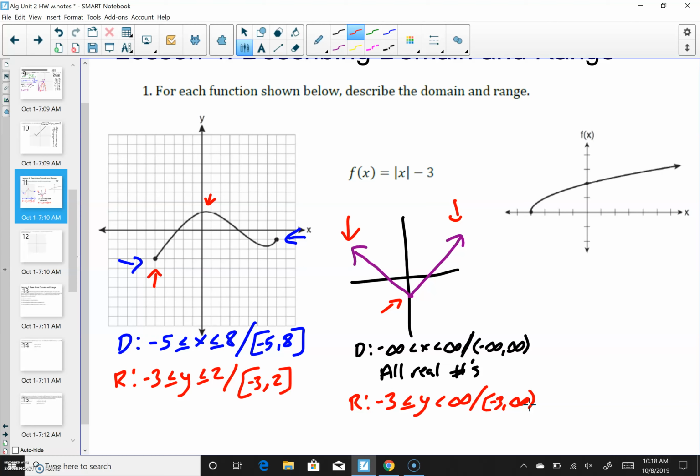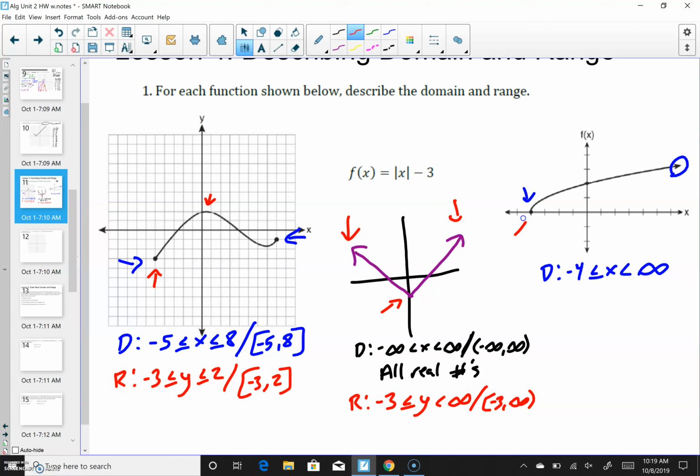And for our last one, we very clearly have a stopping point for our domain and our range, but then we have an arrow pointing all the way to the right. So our domain, smallest value, -1, -2, -3, -4 for x, closed circle, so less than or equal to. And since it goes on to the right forever, x goes to infinity.